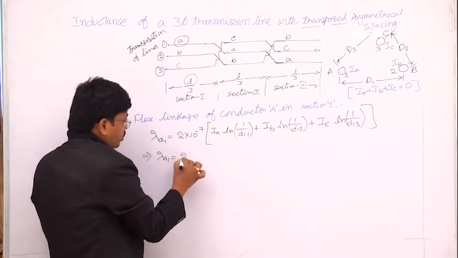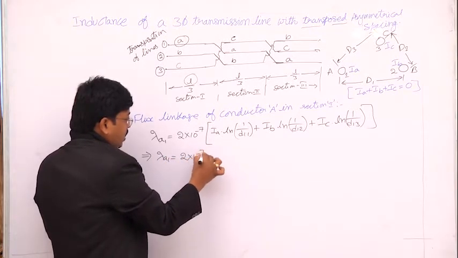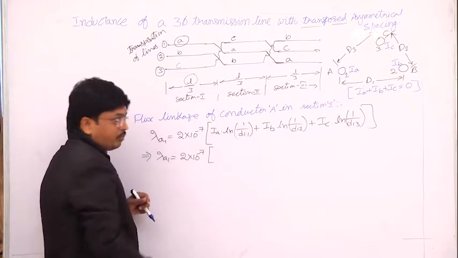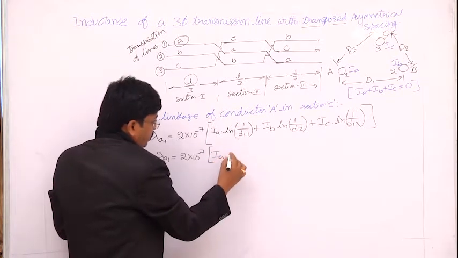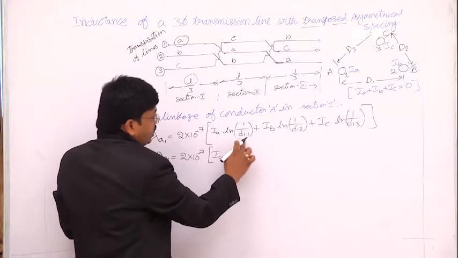Lambda A1 equivalent to 2 into 10 power minus 7 into IA into logarithm of, what is D11?